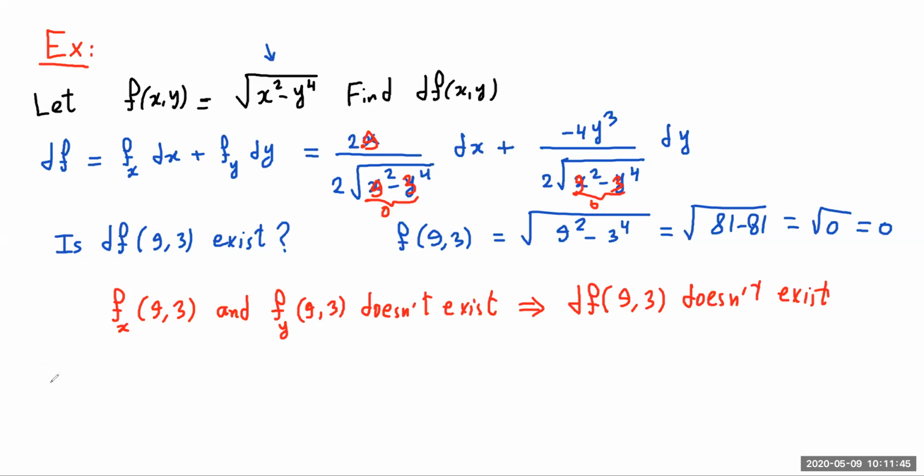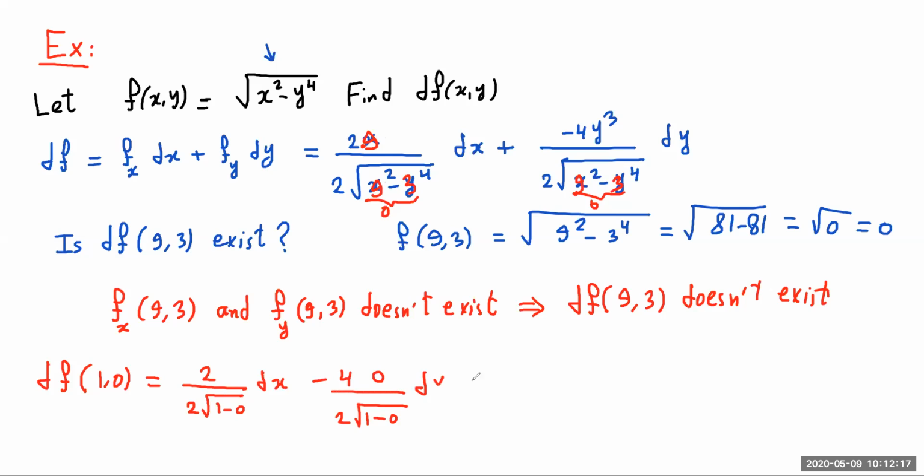But let's calculate the differential of f, for example, at (1,0). If you put x equals 1, 2 times 1 is 2, over 2 times root of 1 minus 0, dx, minus 4 times 0 over 2 times root of 1 minus 0, dy. So the final answer is 1 dx. This is the differential of the function f at the point (1,0).